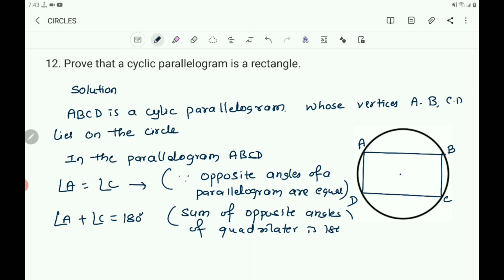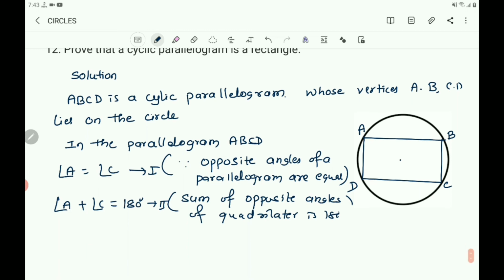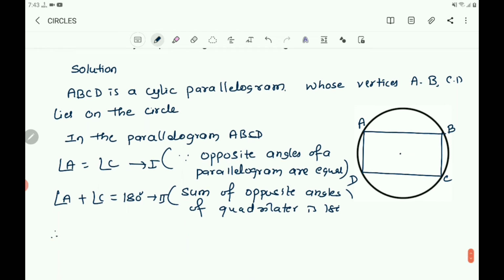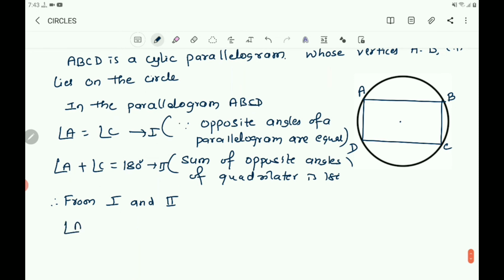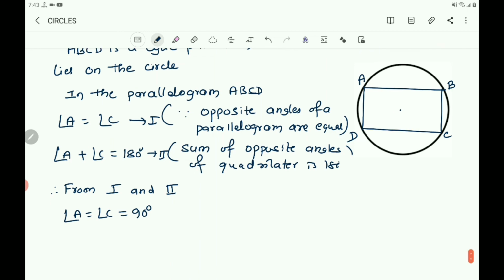So you take, this is the first, this is the second. They are equal and their sum is 180 degree. Therefore from first and second you can have angle A equals angle C equals 90 degree. Similarly you can have angle D equals angle B also equals 90 degree.